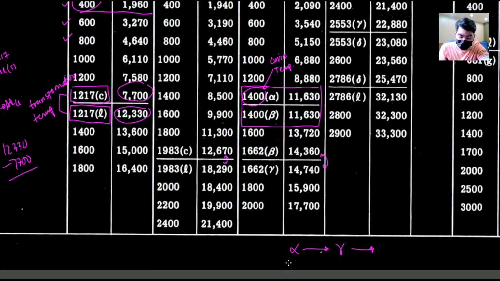It's always from ferrite, this is your alpha, to gamma, which is austenite, to your delta iron. I forgot what the name of delta iron. May specific name din siya, it just eludes me. Pero hindi na siya dumadaan sa beta kasi again, obsolete na si beta.